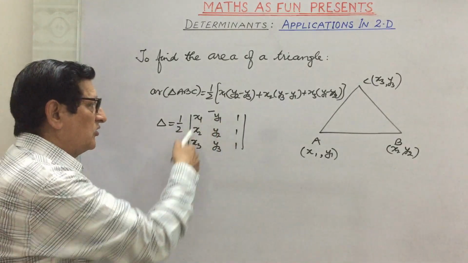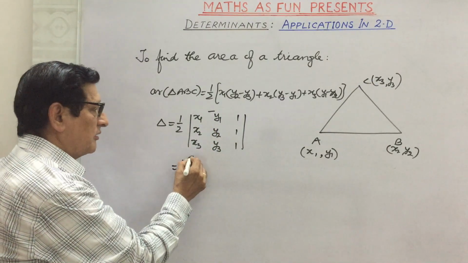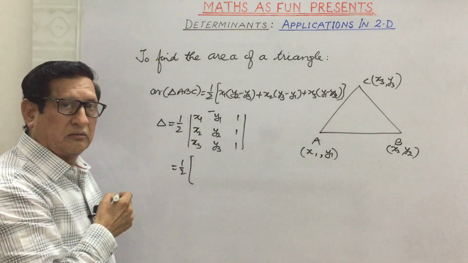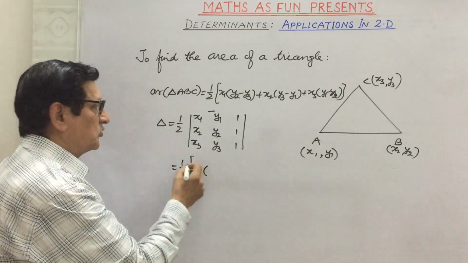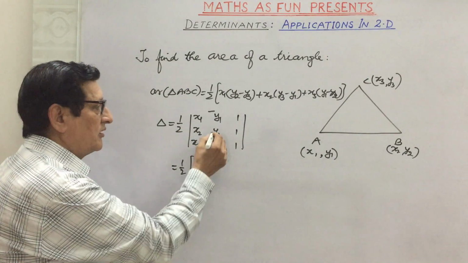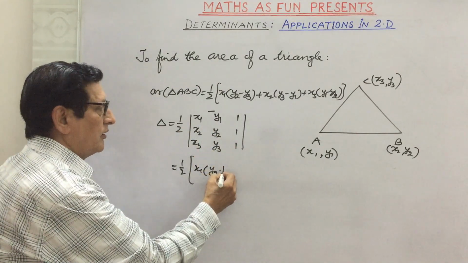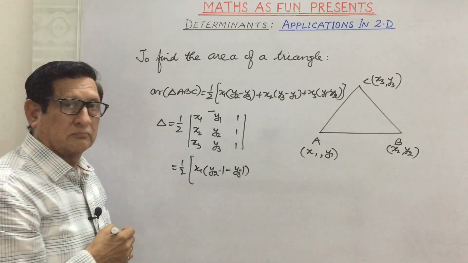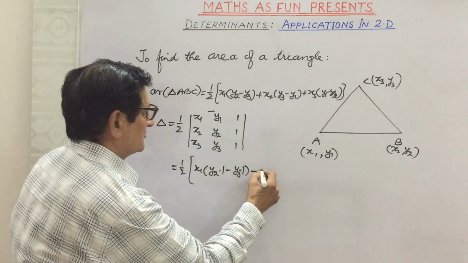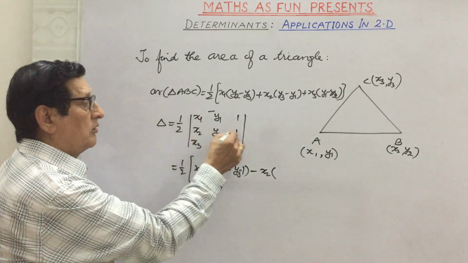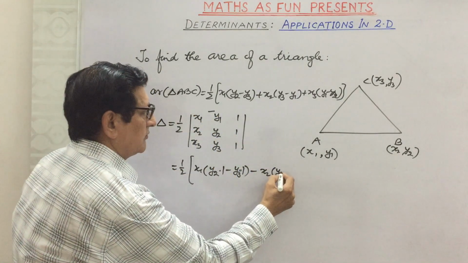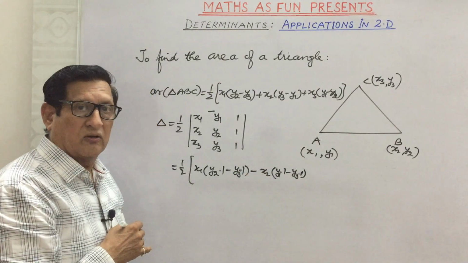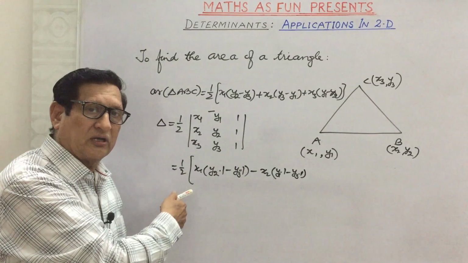If we find the value of this determinant expanding along column 1, that is x1 into y2 into 1 minus y3 into 1, minus x2 into y1 into 1 minus y3 into 1. We have already learnt how to find out the value.